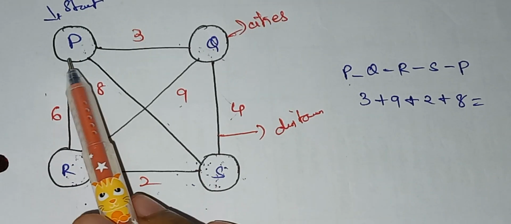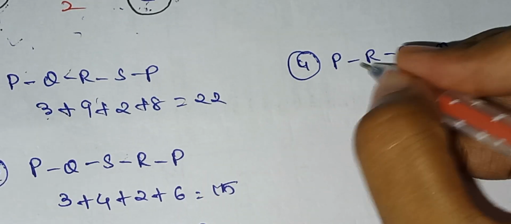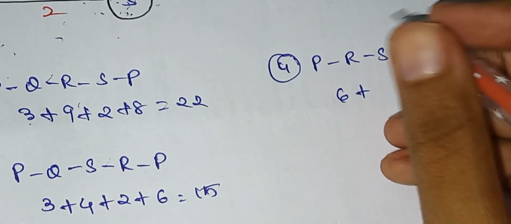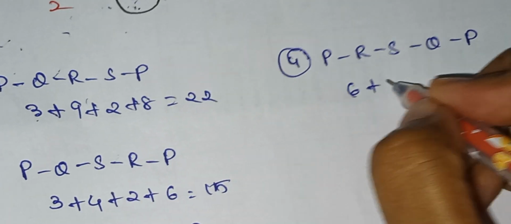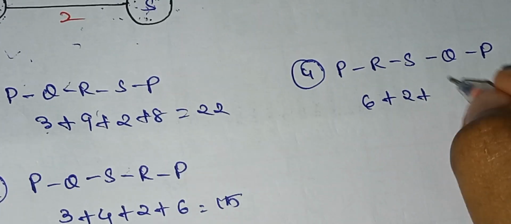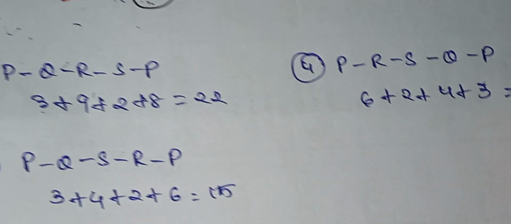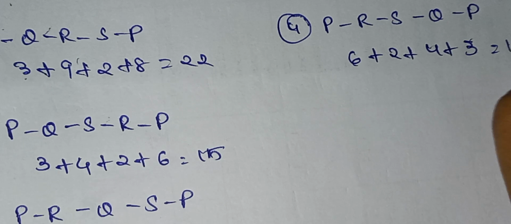P to R is 6, plus R to S is 2, plus S to Q is 4, plus Q to P is 3, which is equal to 15 again.